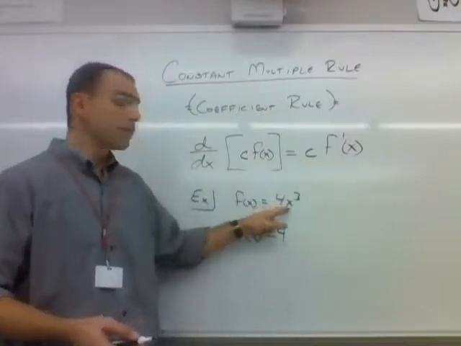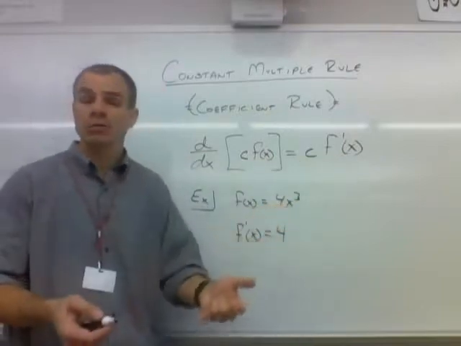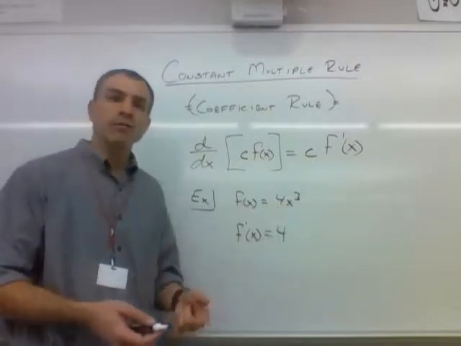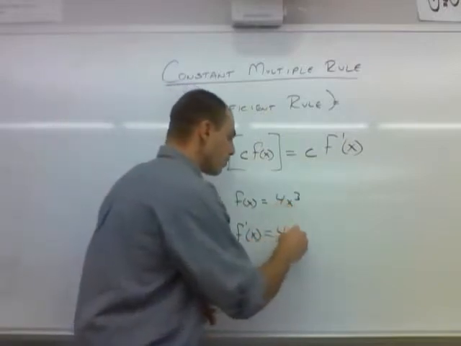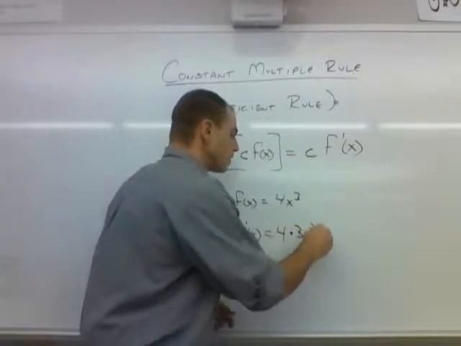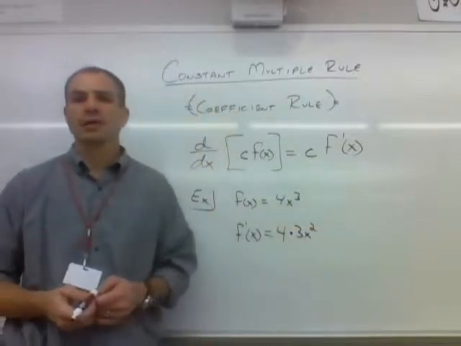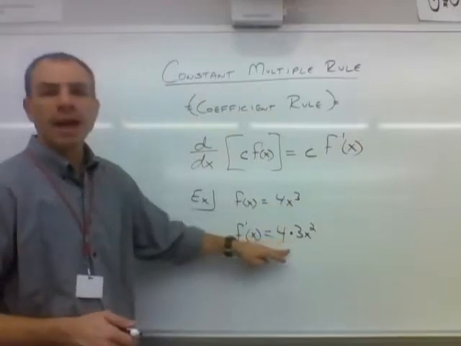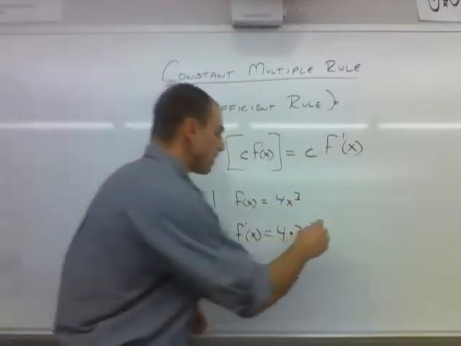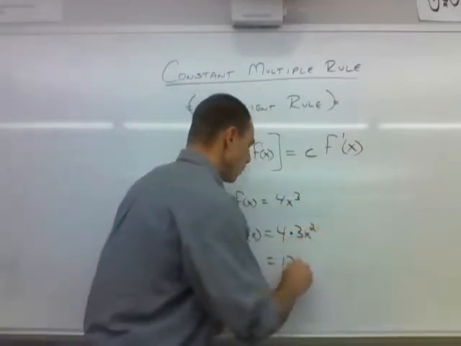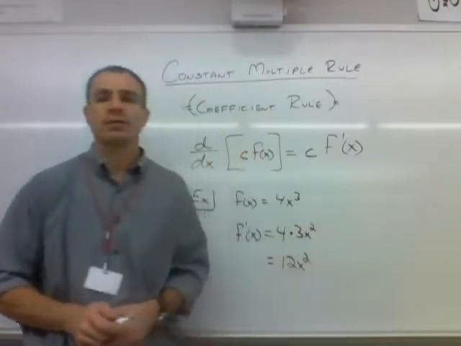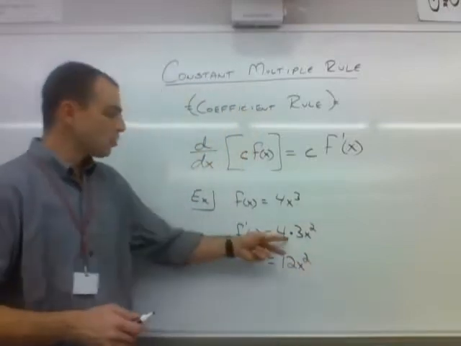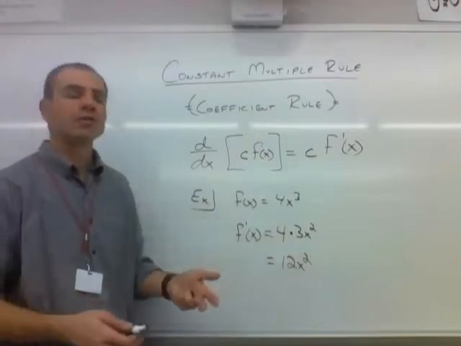We already know the derivative of x cubed. We use our power rule: 3x squared will be the derivative. So the 4 moves down, and the x cubed derives to 3x squared. This means that we can combine the 4 and the 3, and we have a final derivative of 12x squared. You don't have to show this middle step as you get more and more used to doing these terms.